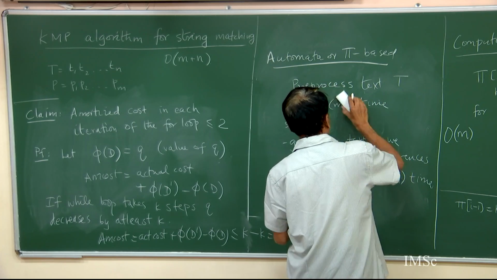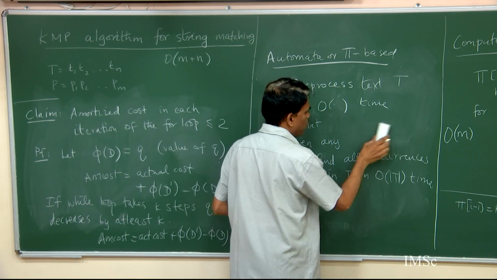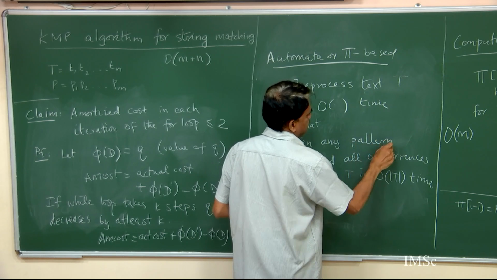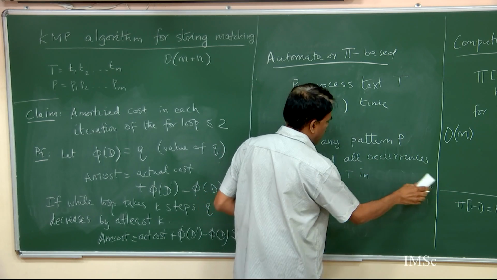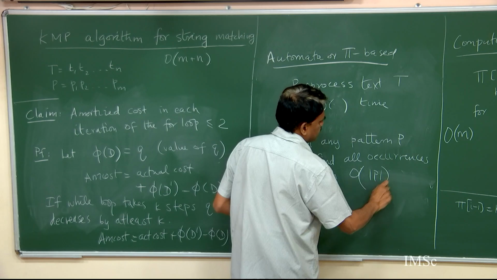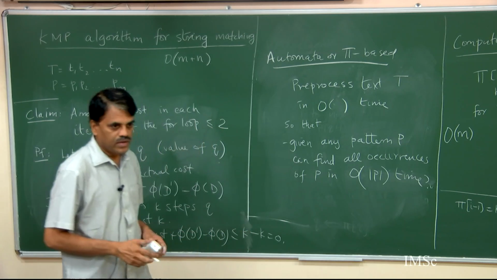I do not know how much time you want to spend, so that given any query pattern, I want to find all occurrences of the pattern in order length of P time.